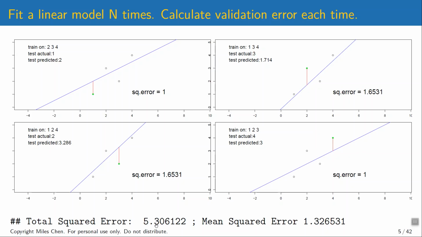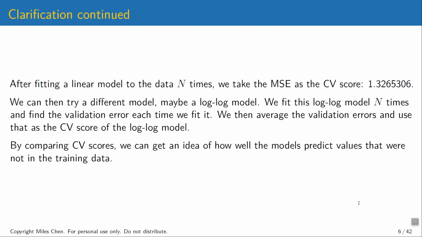The total squared error of these is this, and if you divide by 4, because we had 4 different models fit, our mean squared error is 1.33-ish. So this is the score for using a linear model. After fitting a linear model n times, we would take that mean squared error as the cross-validation score.